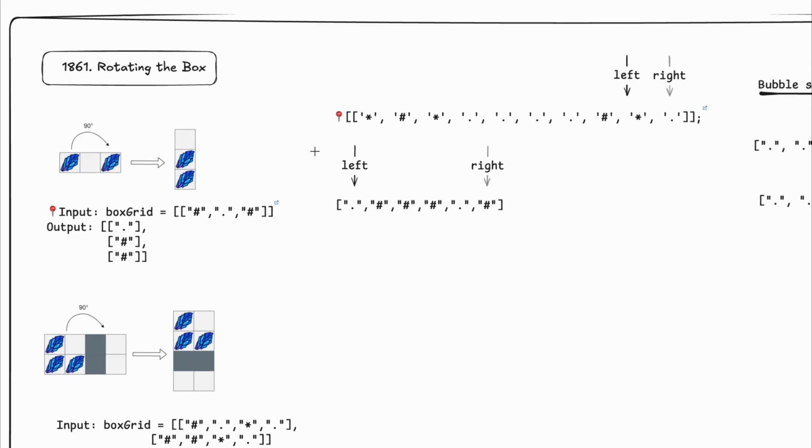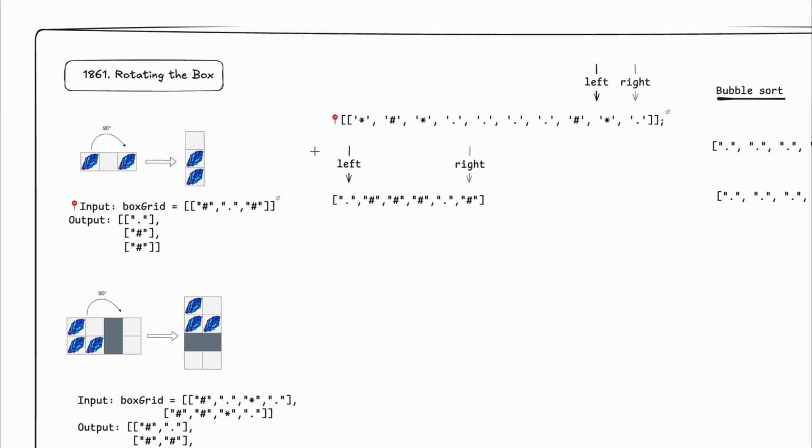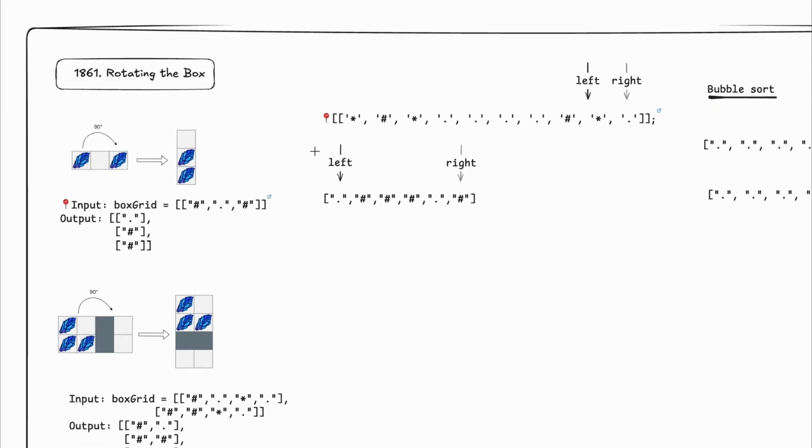I confused you a little bit, I think, but before rotating this matrix, I changed the position of the rocks. So what I suggest: before rotating, let's take every rock and try to move it to the right side, because eventually we know that at the end of rotating, all of the rocks will be closer to the right side.